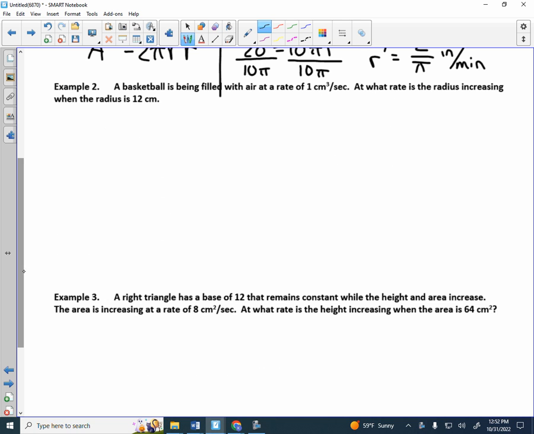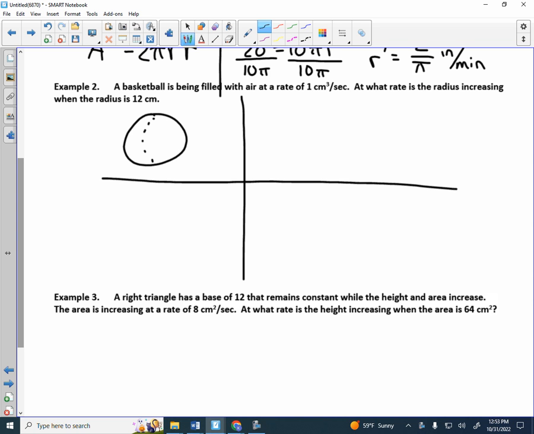Let's just get to a basic example of that slightly different. We have a basketball being filled with air at a rate of 1 cubic centimeter per second. At what rate is the radius increasing when the radius is 12? Everybody see how this is very similar? Yeah. So I'm going to draw my basketball. I'm going to try to draw kind of a three-dimensional shape.